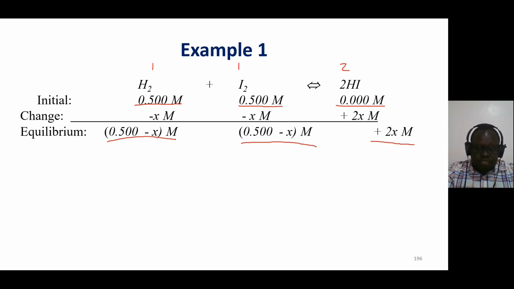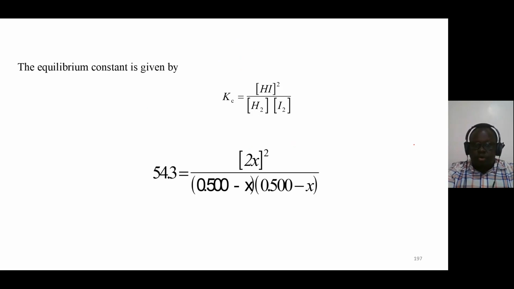Okay, so those are the equilibrium concentrations of these species. So the equilibrium constant here is given by this expression, that Kc equals HI squared divided by the concentration of H2 times the concentration of I2. These are the equilibrium concentrations.